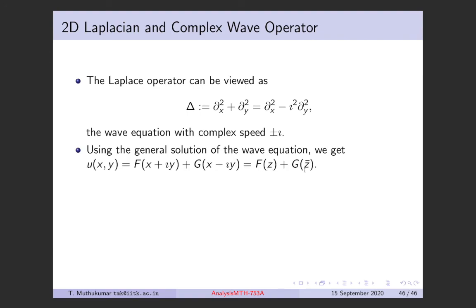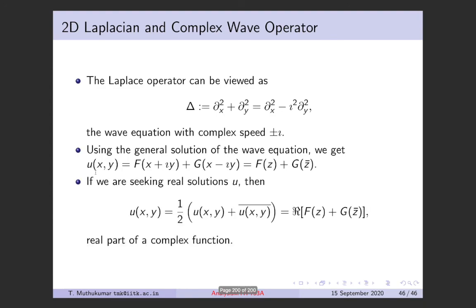And if you're looking for real solutions of the Laplace equation, or harmonic functions, that means if u is real valued, then u and u conjugate should be the same, which means u is actually u plus u conjugate divided by two, right? If you are seeking a real solution, it is this.